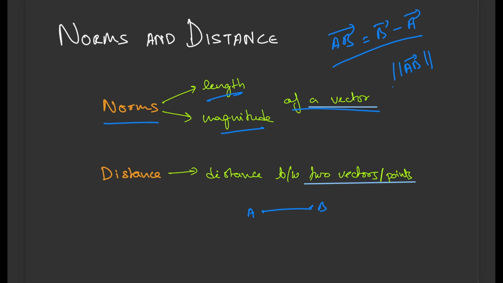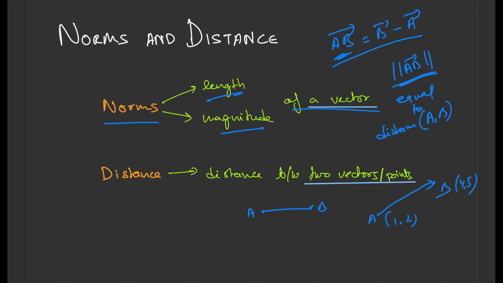So the norm of vector AB is equal to the distance between vector A and vector B, or point A and point B. So we know that, right? We had this A point here and B point here. It was 1, 2, plus 4, 5, right? And this was the vector. Basically, this is how we calculate the value of vector AB.